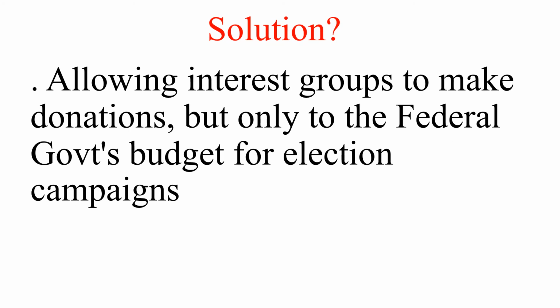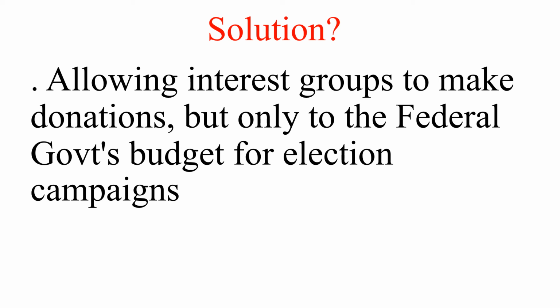Another solution would be allowing interest groups to exist and also to make donations. So money would still be a part of the picture, but lobbyist donations would go to the federal government's budget for election campaigns, and then the federal government would use that money to support election campaigns.